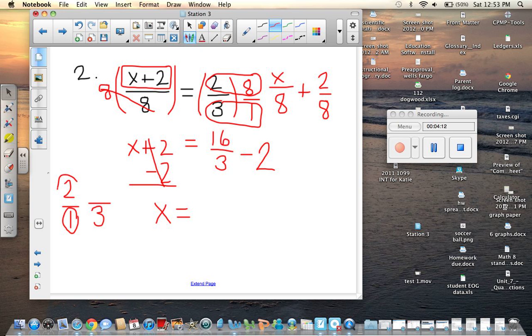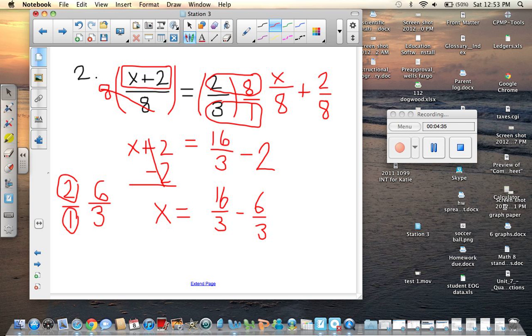And then we also will have to multiply the numerator 2 by 3, and we'll get 6/3. 6/3, just think about it, 6 divided by 3 equals 2. So let's take 16/3, and then we'll subtract 2 in the form of 6/3.